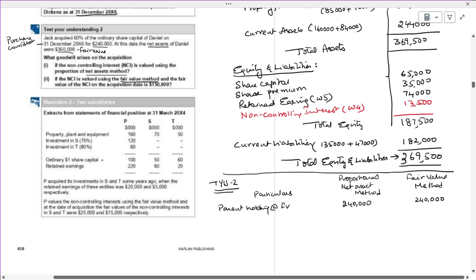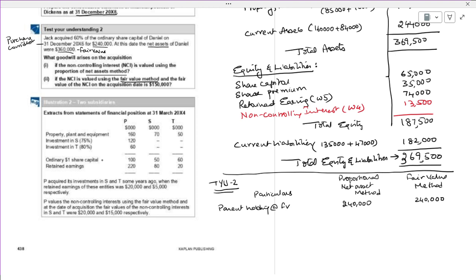Now, if you are talking about the assets, how much is it? 240. You will get 60%.